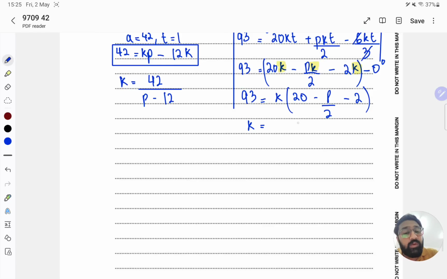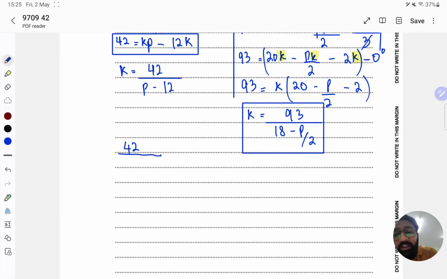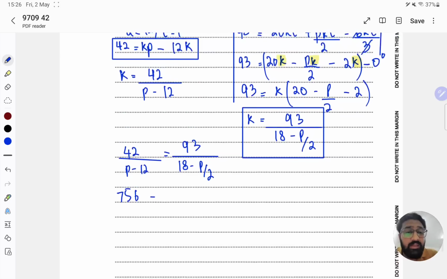Now k will be equal to 93 divided by 18 plus p by 2, and the values of k, both of them will be equal to each other, so let's put them both equal. 42 divided by p minus 2 will be equal to 93 divided by 18 plus p by 2. Cross multiply them. 42 times 18 is 756, and 42 divided by 2 is 21.